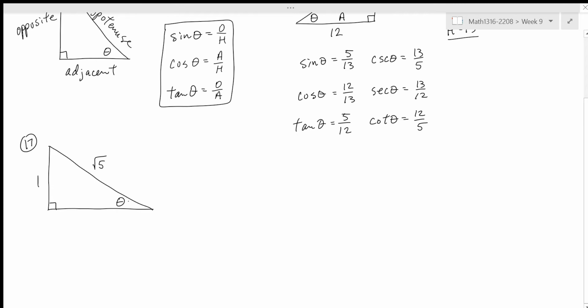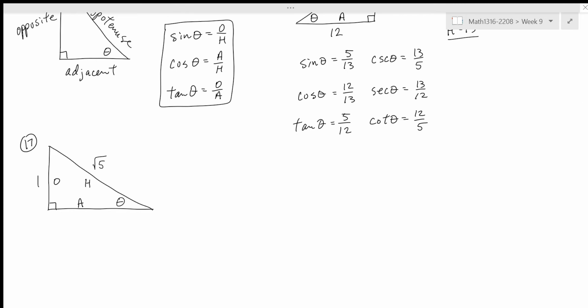Ready? Okay. Here's theta. What's the 1? Here's the right angle. What's square root of 5? And therefore, the one left over must be adjacent.